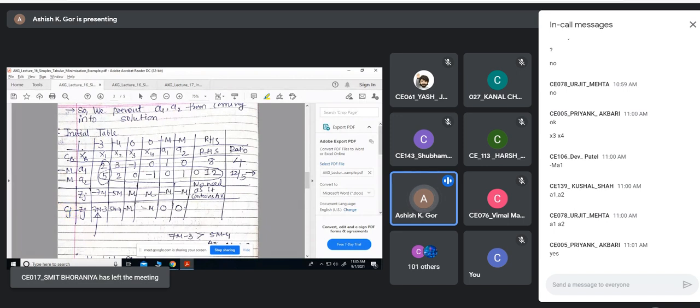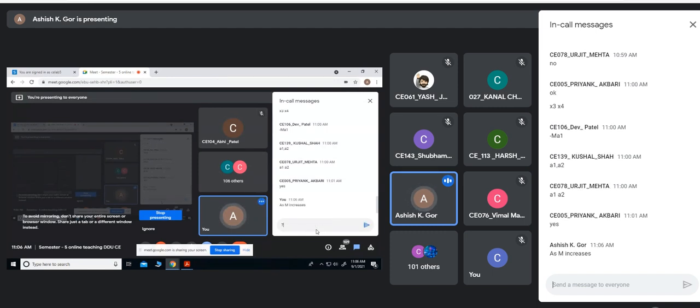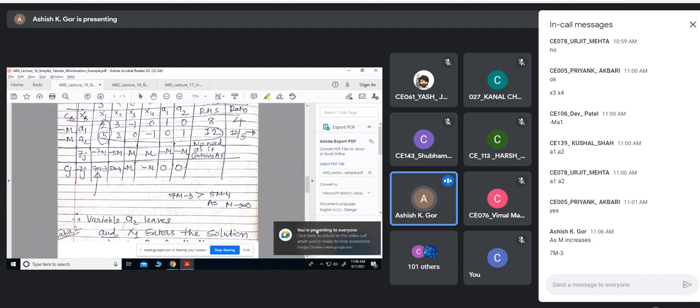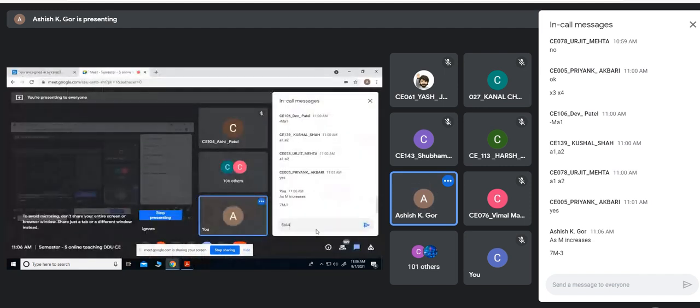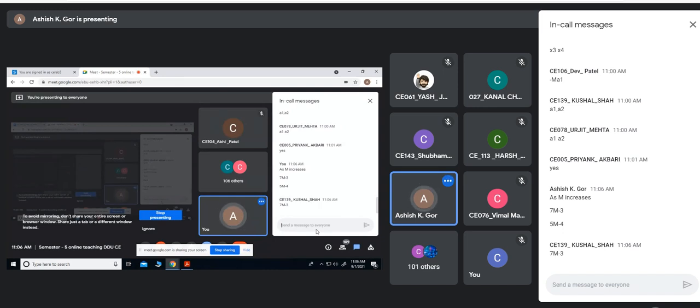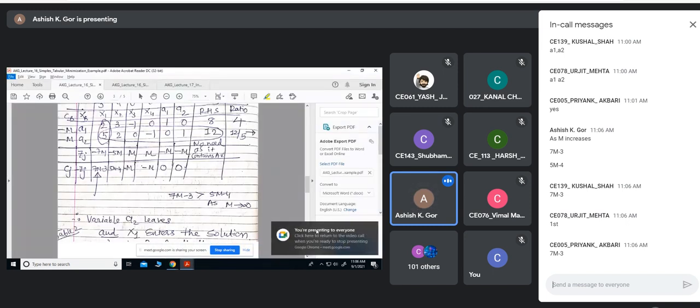Now you see, as M increases, out of 7M minus 3 and 5M minus 4, which value do you think increases rapidly? Asymptotically, very correct, right? Because 7M minus 3, the first one, will increase.